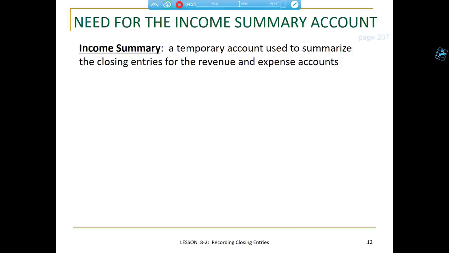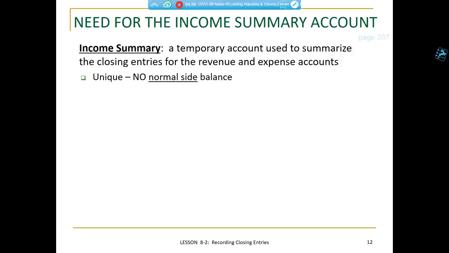This is the account that we roll our temporary accounts into to transfer them to the capital account. So the income summary is the ultimate temporary account, because its only purpose is to close other accounts into it, and then we ultimately close out the income summary and roll that into the capital account.